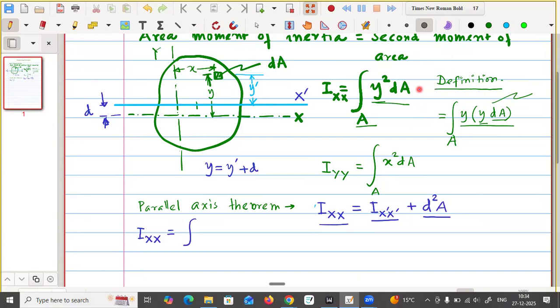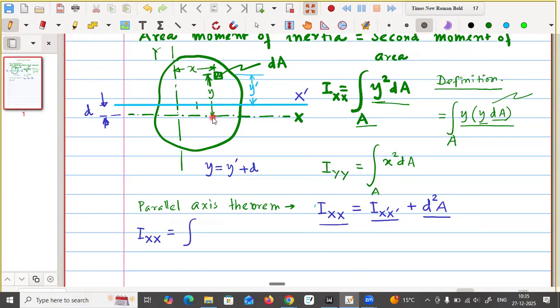So Ixx means basically, whenever I use this definition, this dA is common. You see that dA is common to both the axes, but this y is the distance of this dA from the particular axis which I am selecting. That means this is x, and therefore this y is the distance of this dA from that x axis.